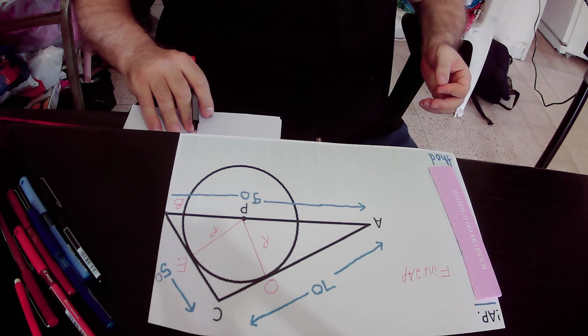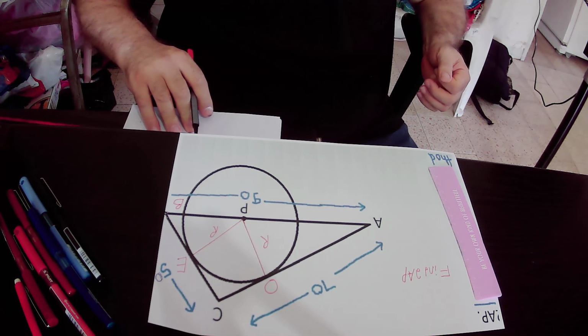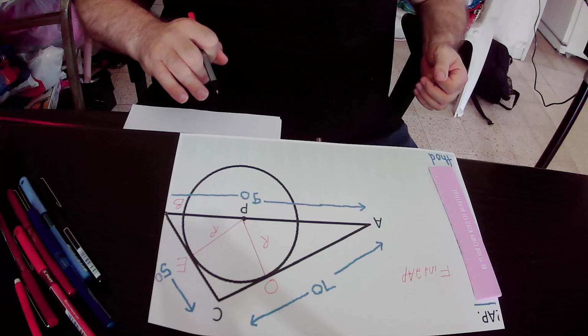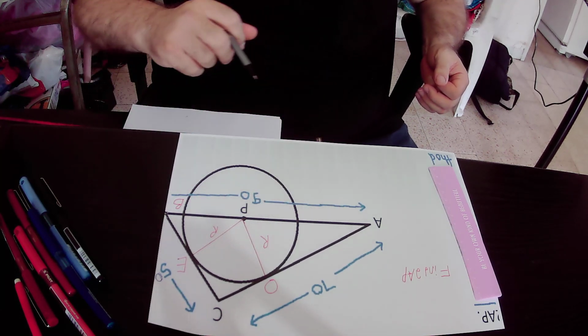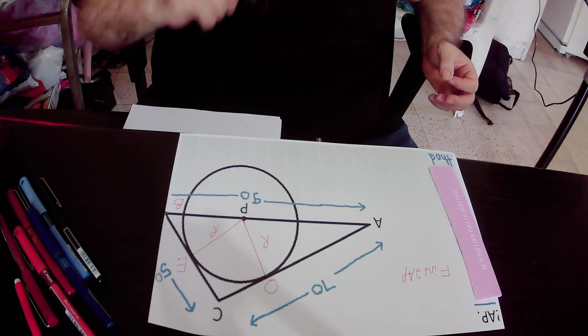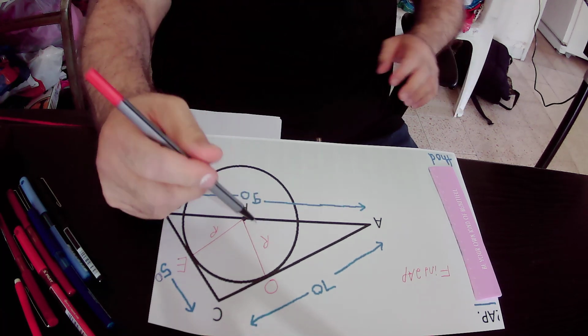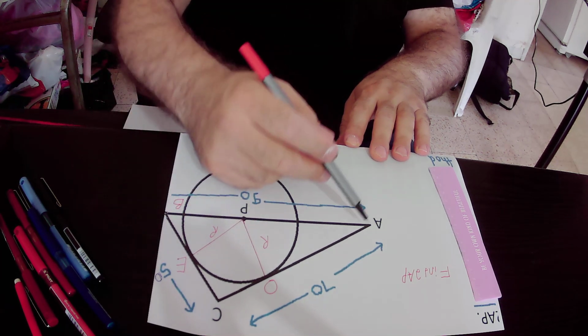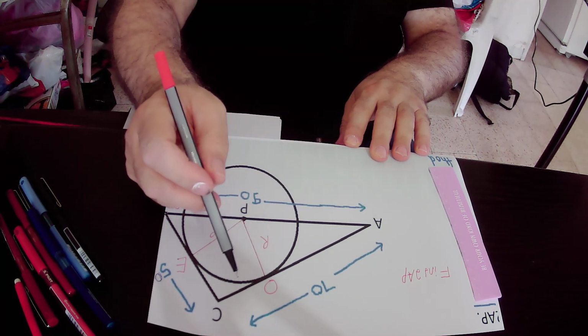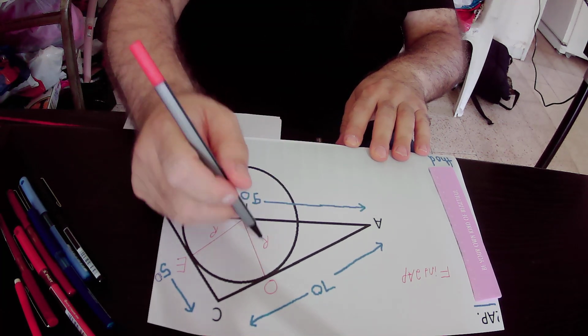We have a rule that in any circle, a radius and the tangent to that radius are perpendicular to each other. So radius OP and the tangent AC are perpendicular to each other.